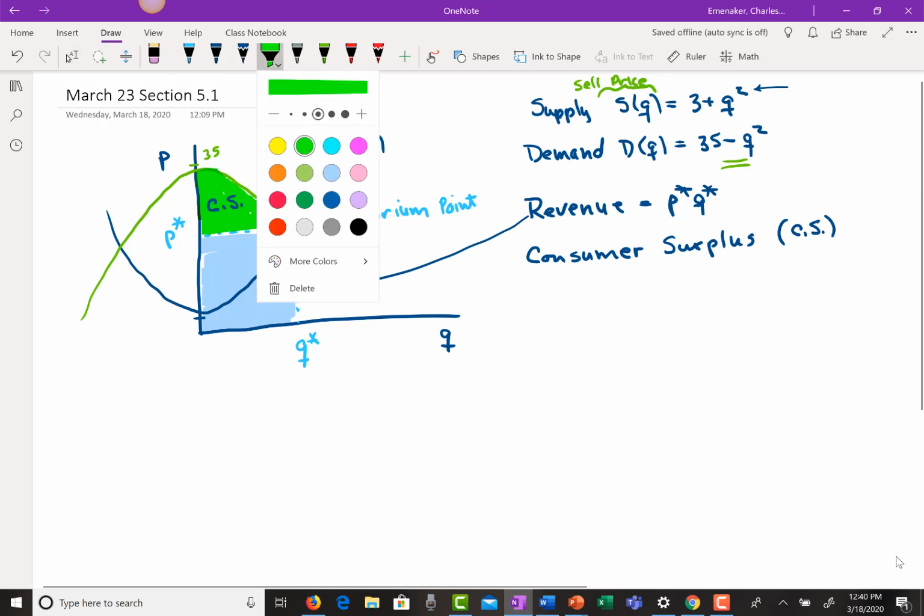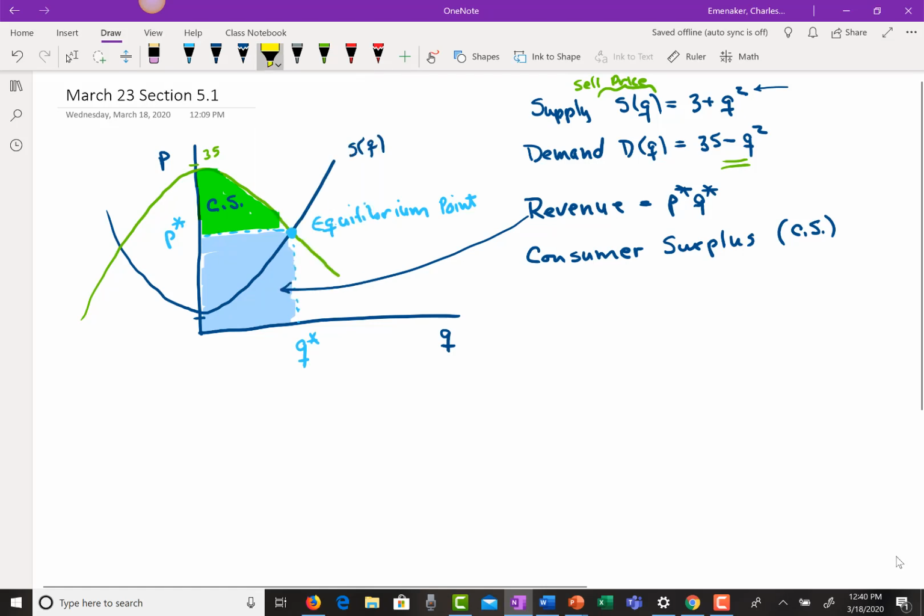On the other side, you do have a situation where the producer could have sold the product at a lower price. If you take a look down along here, these are all lower prices that the producer could have sold the product at. But instead, they sold it at this higher price there. So for each product they sell at this higher price, they receive more money than what they would have by selling it at a lower price.